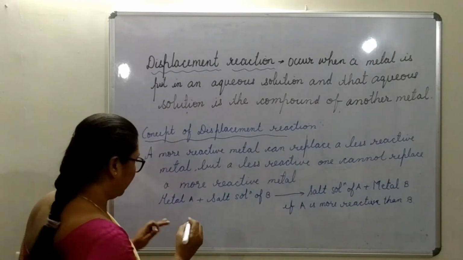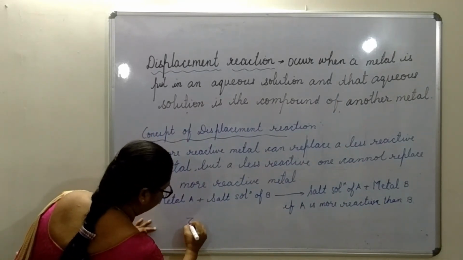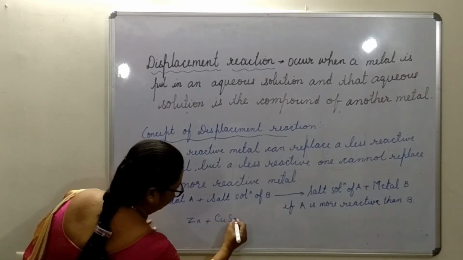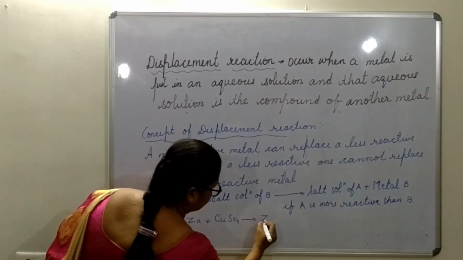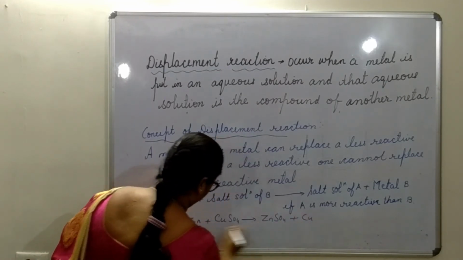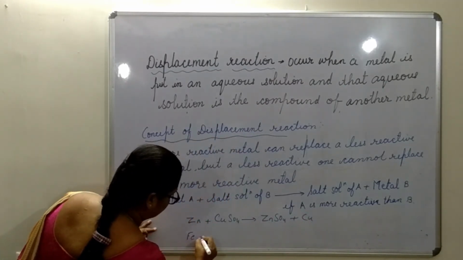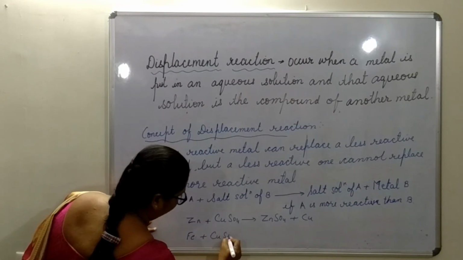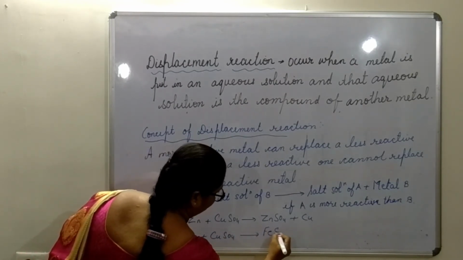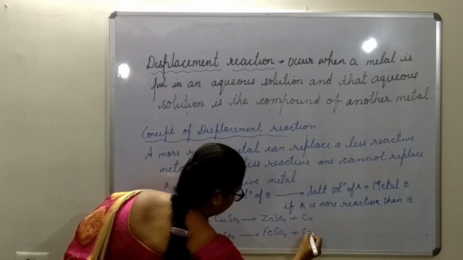Okay, let me write again the formula and the reaction. Zn plus CuSO4 gives us ZnSO4 plus Cu. Again, Fe plus CuSO4 gives us FeSO4 plus Cu.